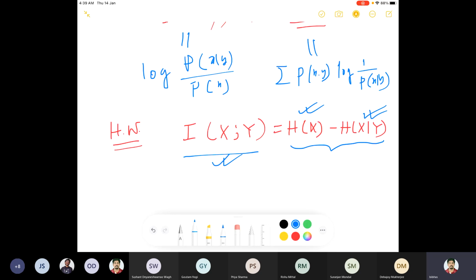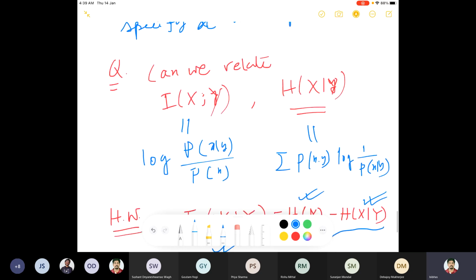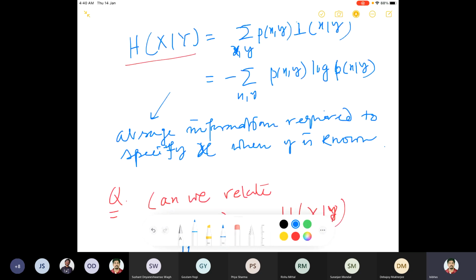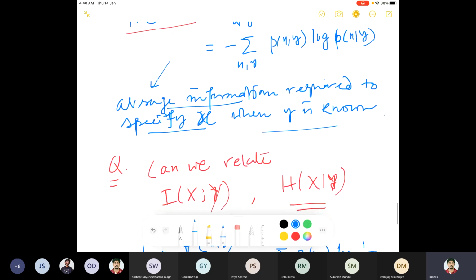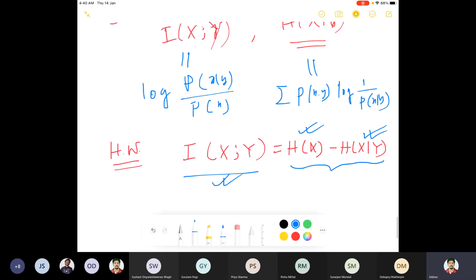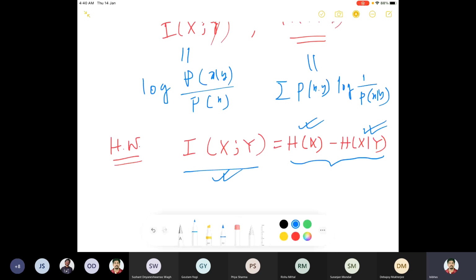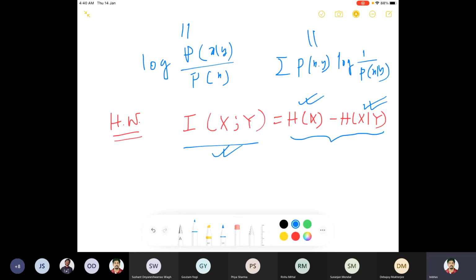So it means how much, the average information required to specify x when y is known. And H(X) is the entropy of x. So how can these three things be related? What is the meaning of this?